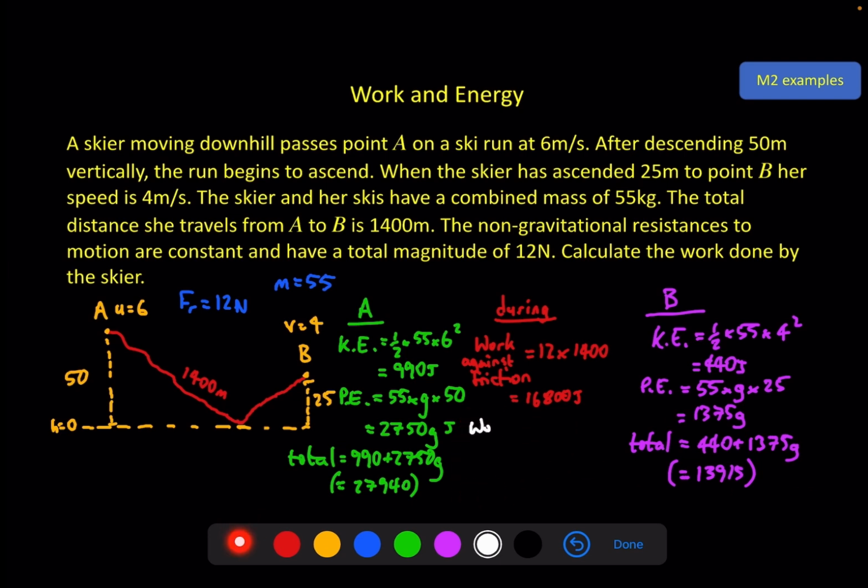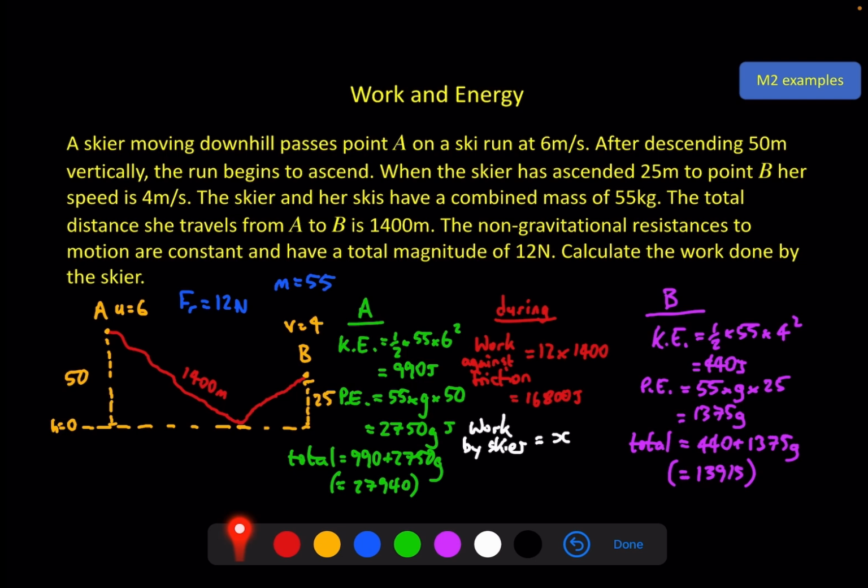So the work done by the skier, call that x for a second, is found by doing this minus this plus this must equal this. Starting energy, take away energy lost due to friction, add energy put in by work done by the skier, must equal the total energy at the end.